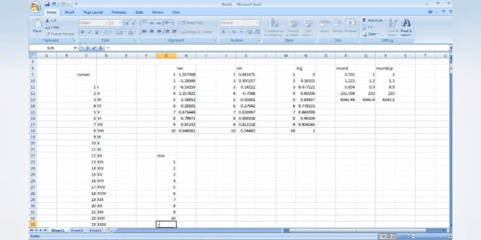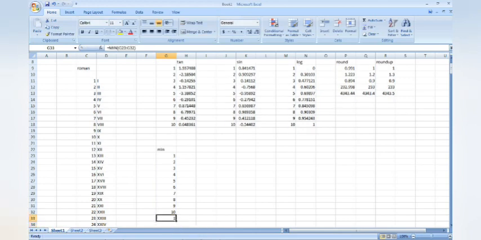So for this series of numbers just equals MIN, bracket open, the cell address, which is G23 for the first one, to G32. You close your bracket and enter. So the minimum number in this range is 1. That is it for MIN.